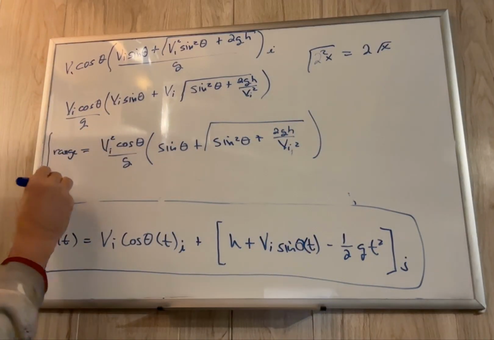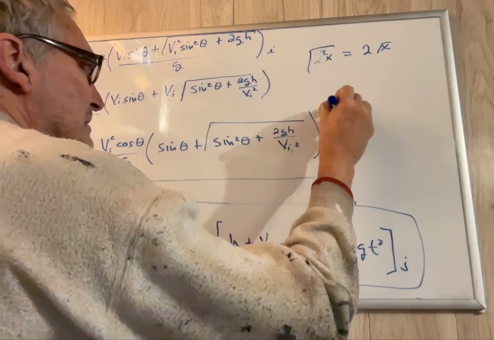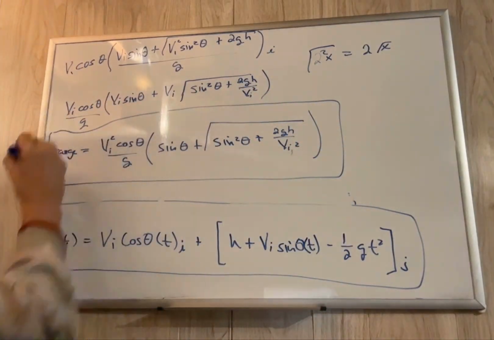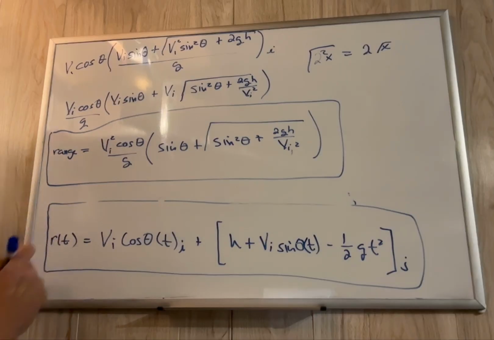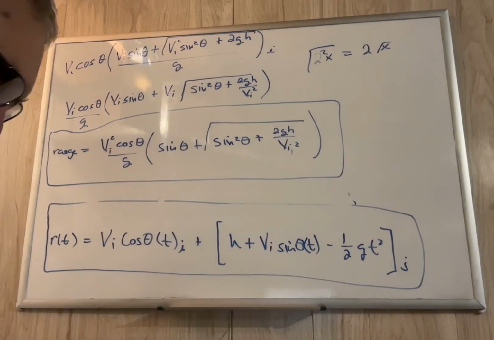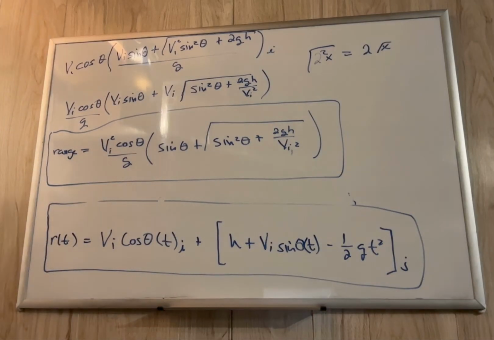This will give us our range. This tells us how far downfield, or the maximum distance something will travel if we use this equation.